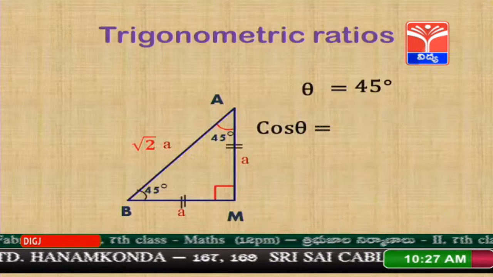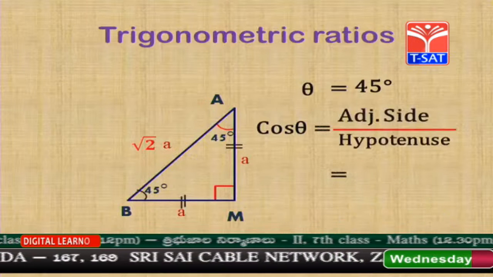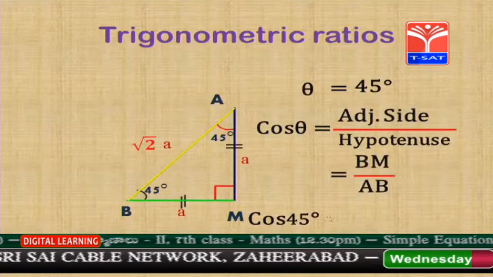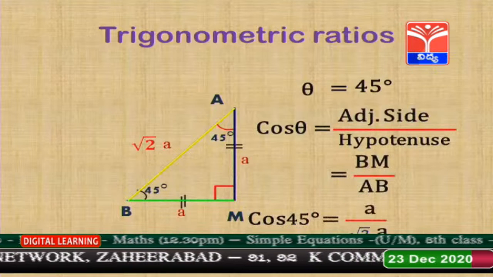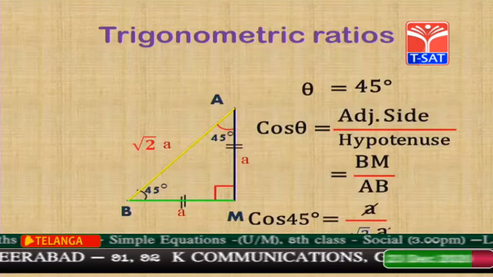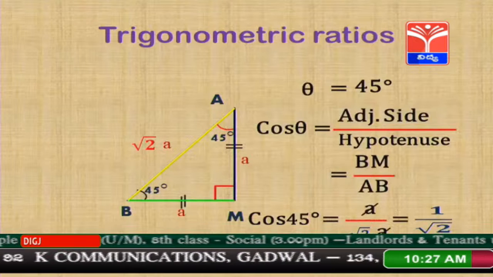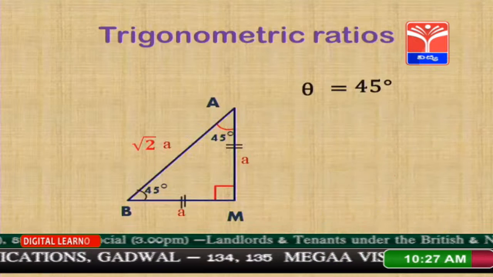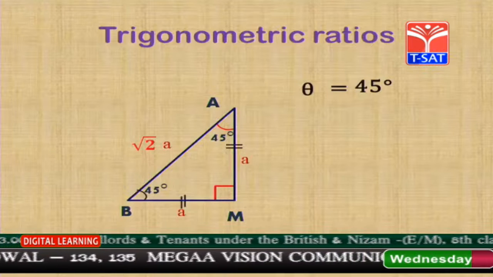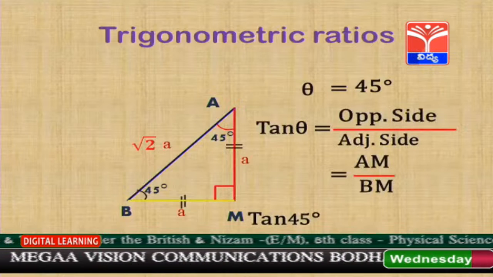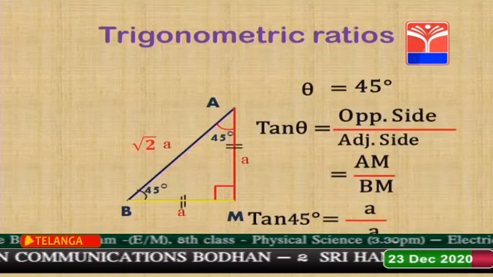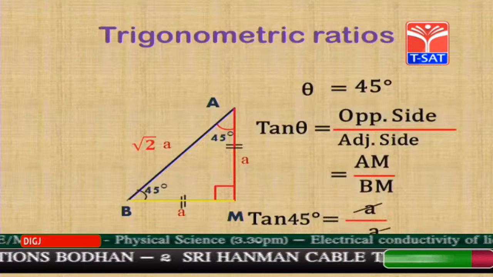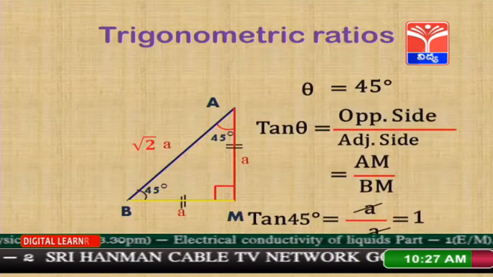Cos 45 degrees is also equal to how much? Same, A by root 2 A. If you cut A's, you will be getting the answer as 1 by root 2. Whereas, when you come to the value of tan 45 degrees, tan 45 degrees is equal to A by A, which is equal to how much? Tan 45 degrees is equal to 1.